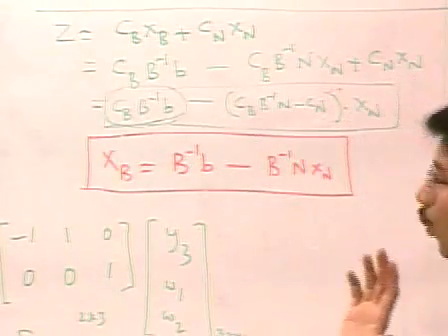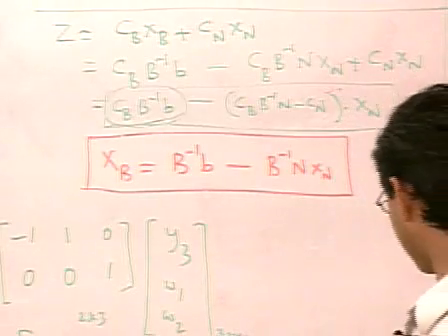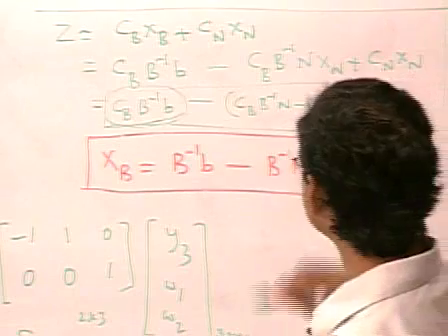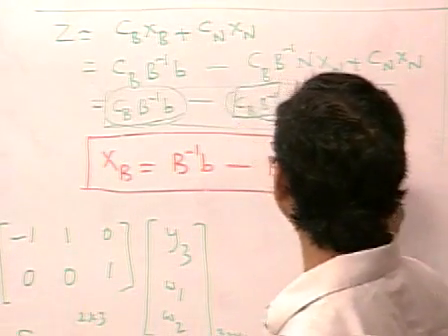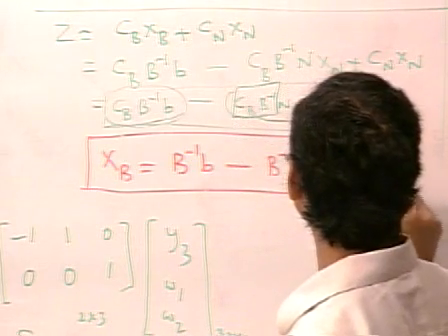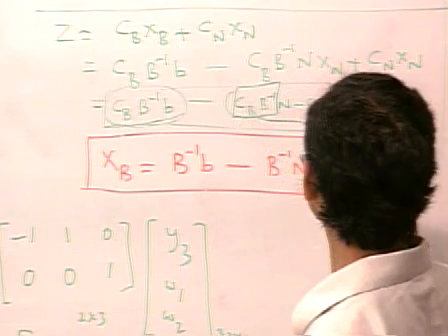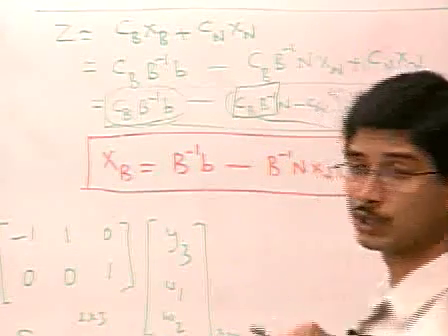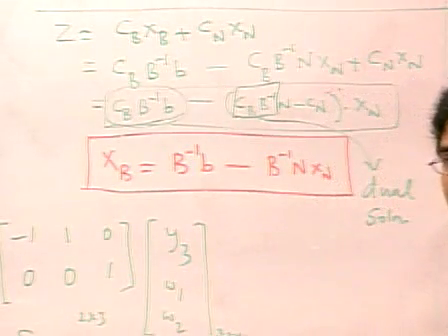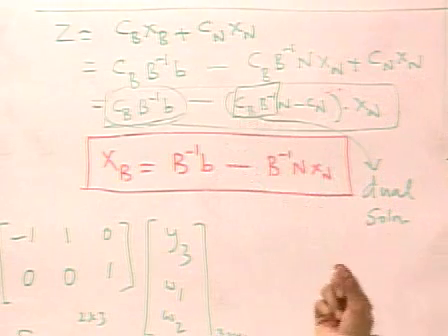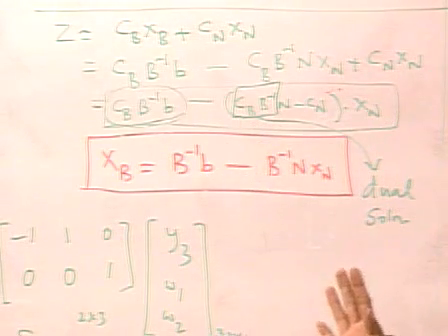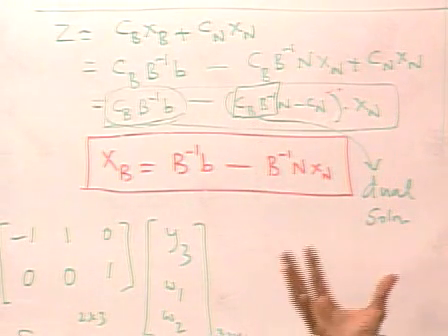So what we are going to do is assert that CB B inverse, this is the dual solution. Okay? So we are going to assert that this quantity gives you the dual solution, and we're going to prove that in the next lecture.